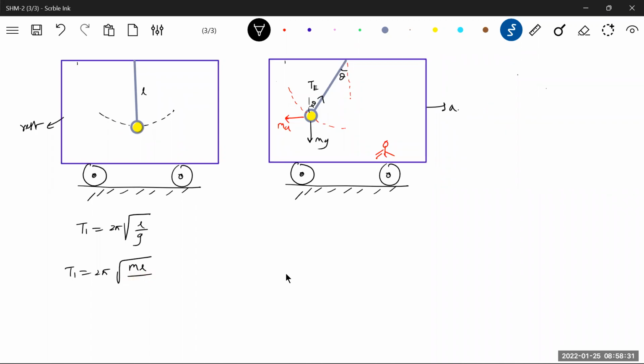So instead of this, let me write T with g effective. m g effective should be written. This is some generalized formula I'm trying to arrive at: m g effective, or this will become m L by tension in the string at equilibrium position.